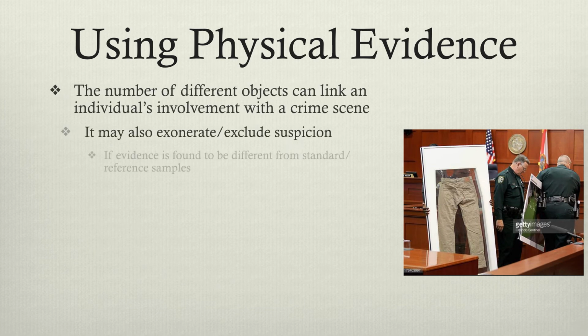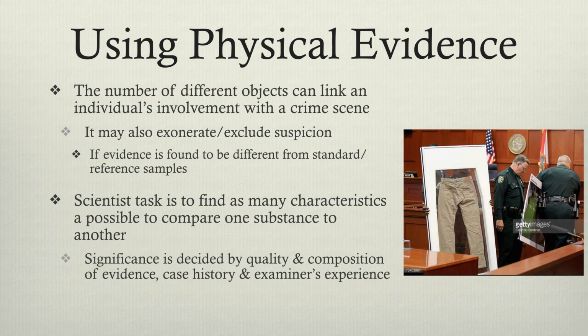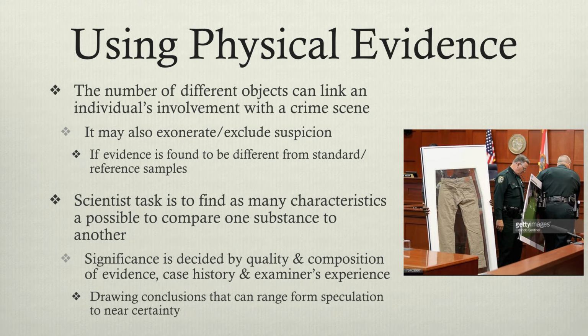Using physical evidence, a number of different objects can link an individual's involvement to a crime. The more objects that link them, the more likely they are responsible for the crime. But it can also exonerate or exclude suspicions on an individual. If evidence is found to be different from the standard or reference sample, then that individual has to be excluded.